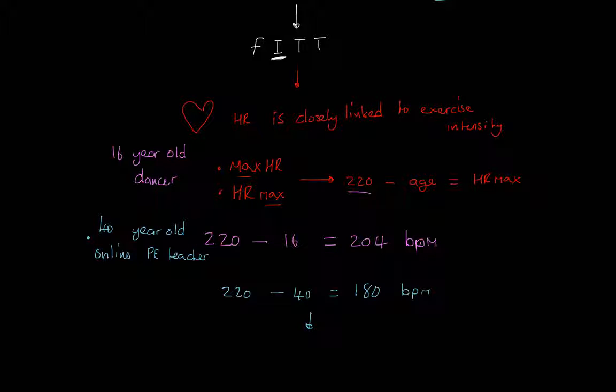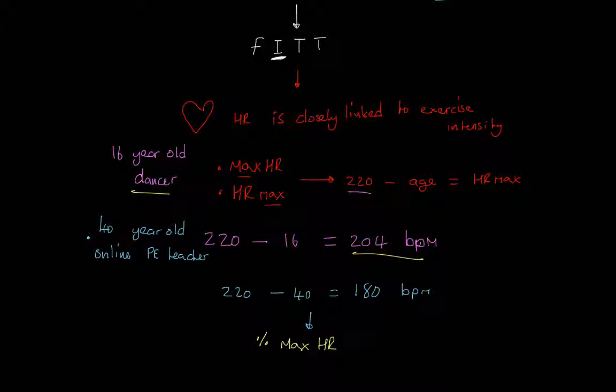Last point from me on this one. In the very next session, I'm interested in establishing a percentage of max heart rate. For example, if we take the 16-year-old dancer, we've got 204 beats per minute as a maximum, and we can calculate percentages of that maximum heart rate, which gives us an indication of how hard the performer should be working.